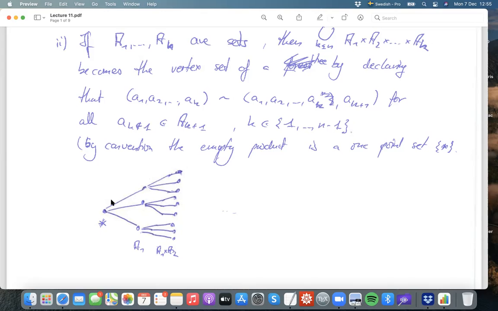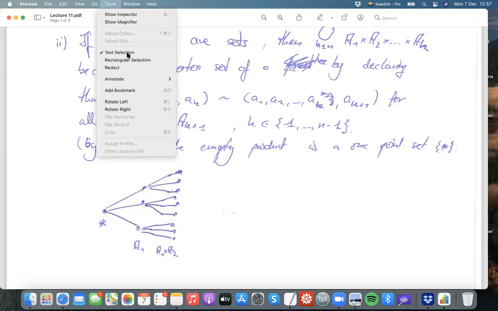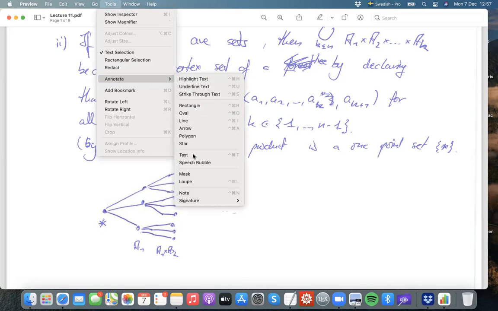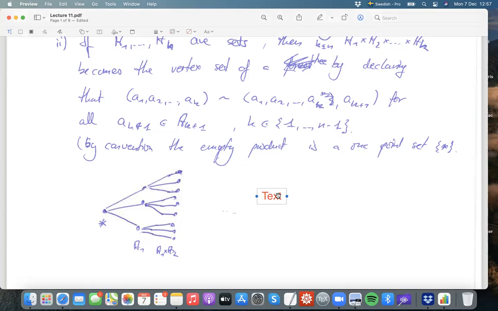Now we'll be looking at sequences (a1, a2). If I have a pair (a1, a2), I'm connecting it to a1.